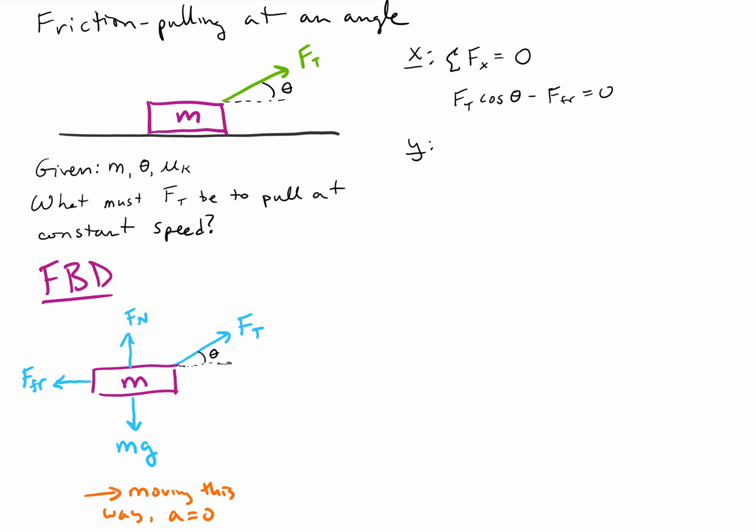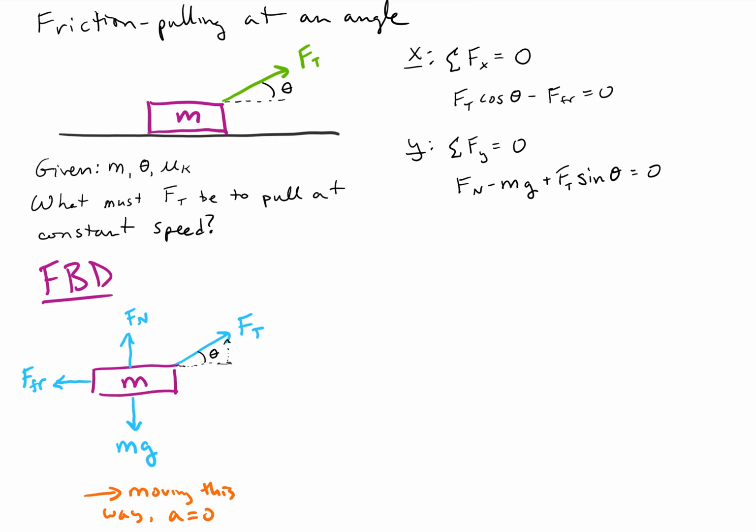And in the y direction, we're also not accelerating, so the sum of the forces in y has to equal 0. So the normal force minus mg plus the vertical component of the tension force, Ft sine theta, has to equal 0.